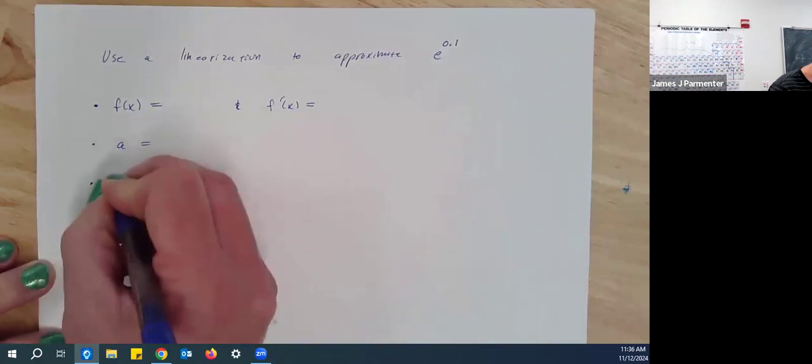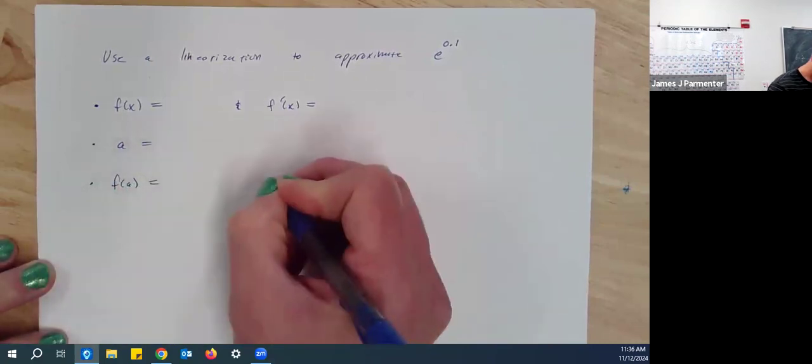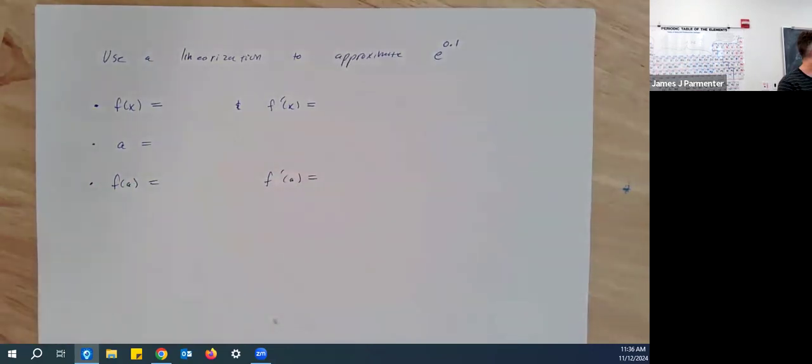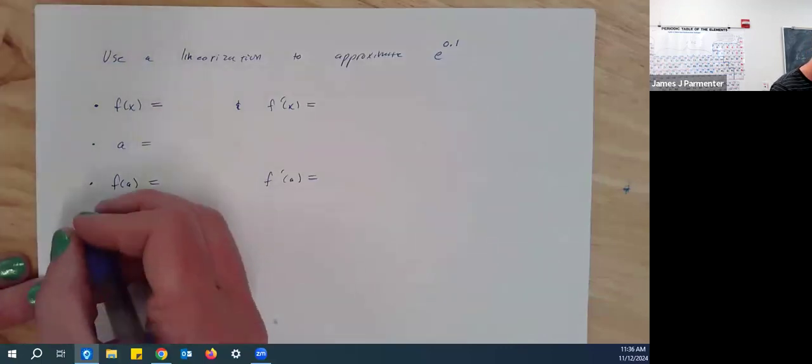And then find your f of a and your f prime of a. Do all that. Think about what the function should be. Instead of e to the 0.1, you want it to be e to the x. And then write down the linearization.